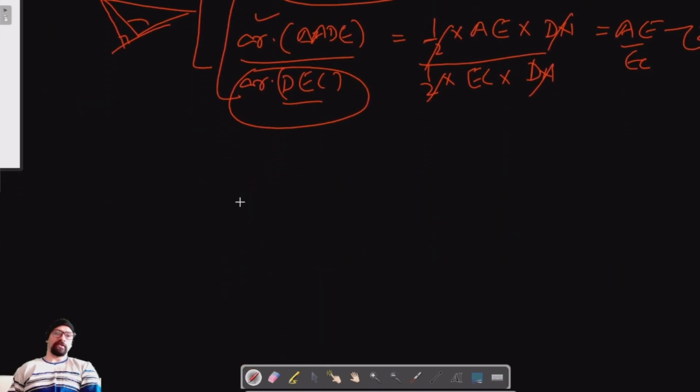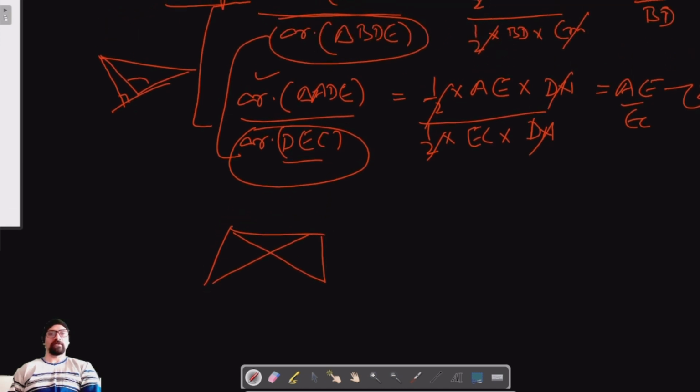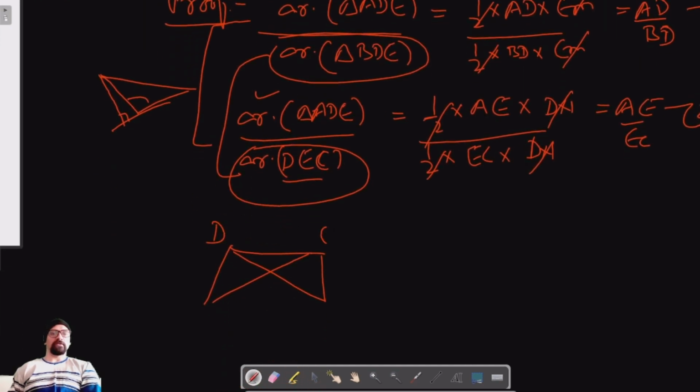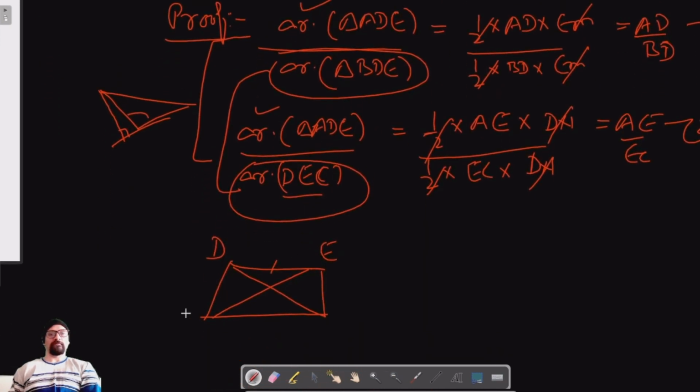Now this is the triangle BDE and this is the other triangle DEC, and these are on the same base DE, and DE is parallel to BC.